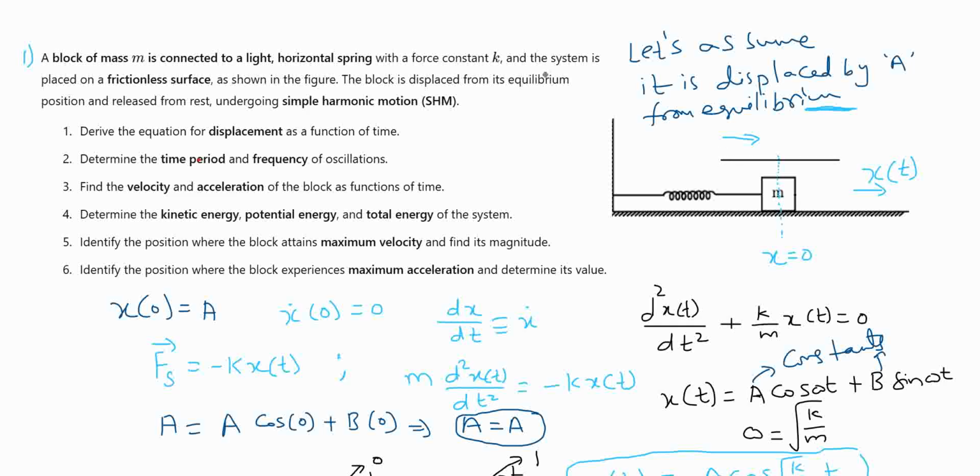So the acceleration will be maximum at these points. Acceleration will be maximum at this point and this point, whereas velocity will be maximum at this point, x equal to 0 point, v max, and here a max. Yeah, so this is the first problem that we have solved.